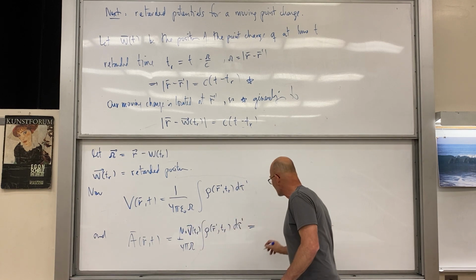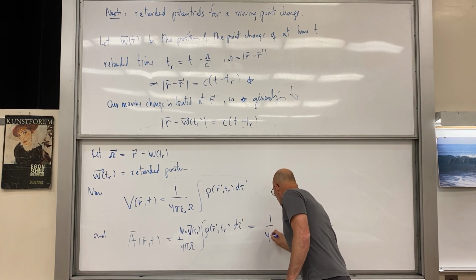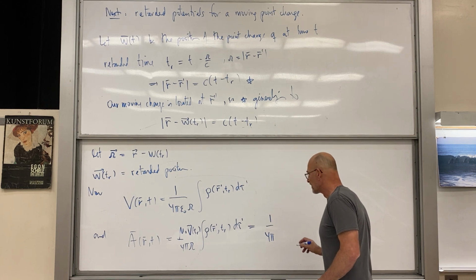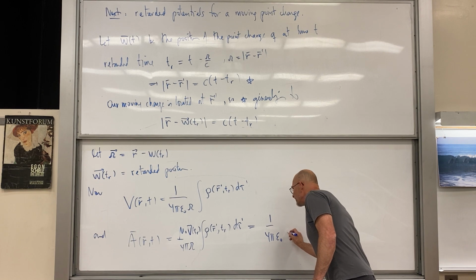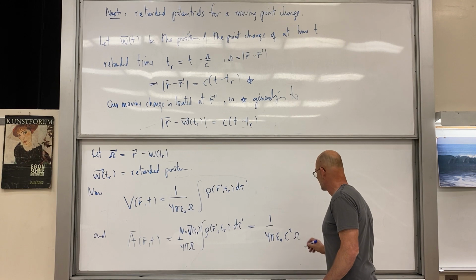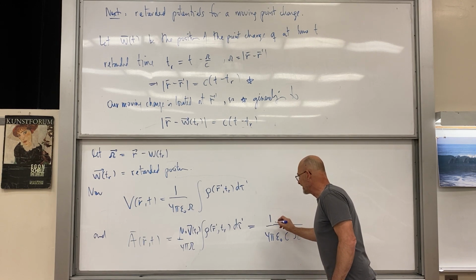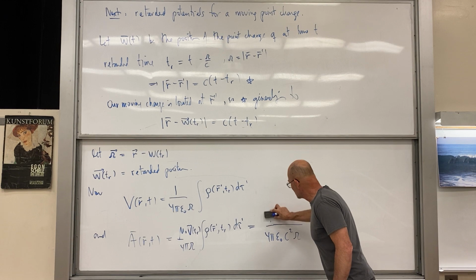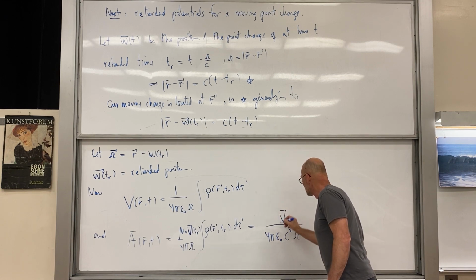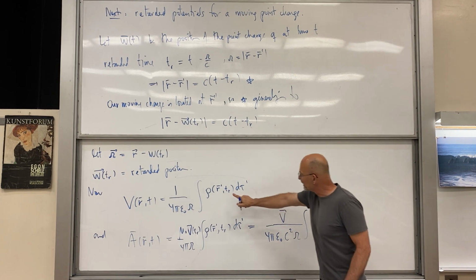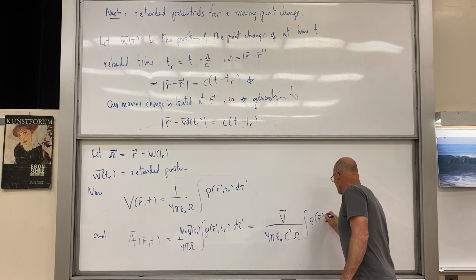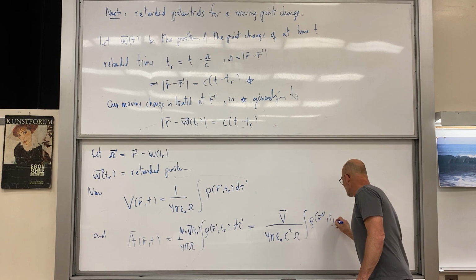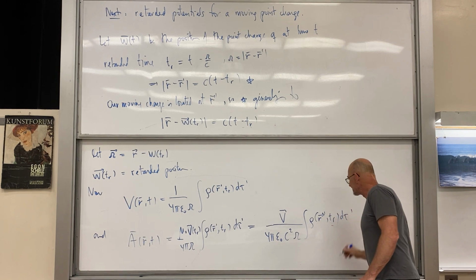I'll put it top and bottom, so I'll end up with 1 over 4 pi epsilon naught c squared, r here, v, and then I've got that self-same integral that we have up here, rho of r prime, t sub r d tau prime.